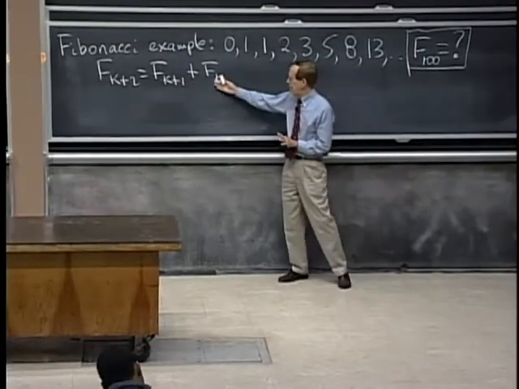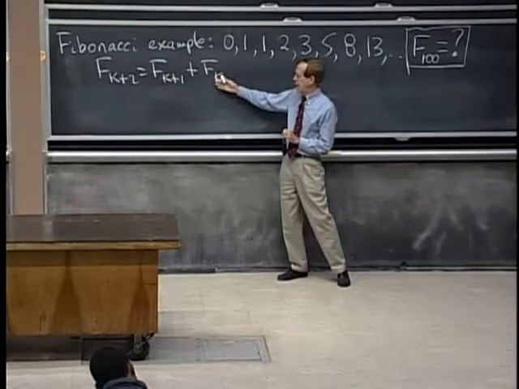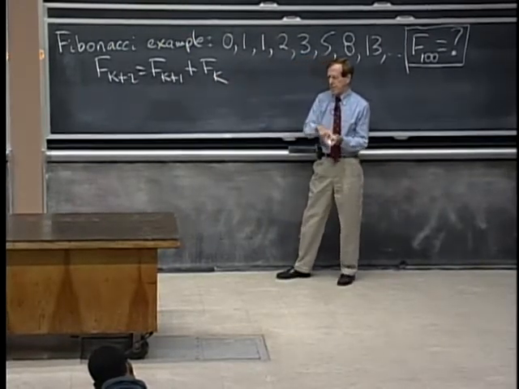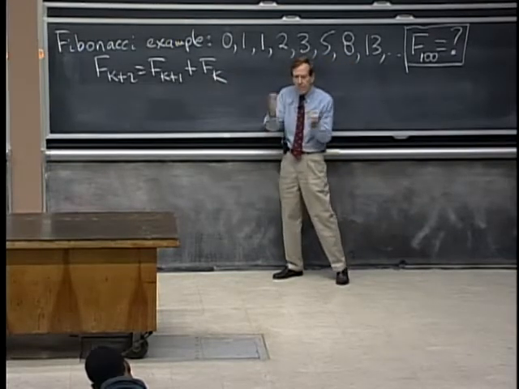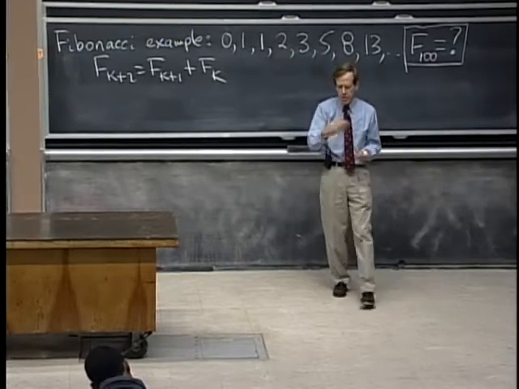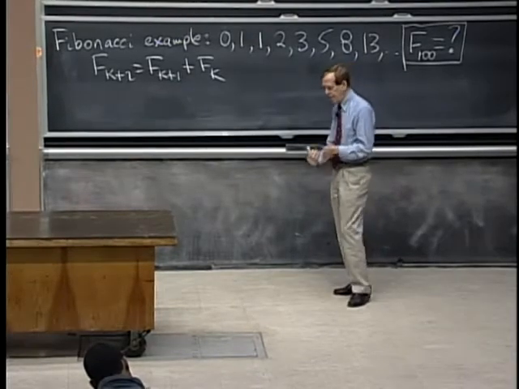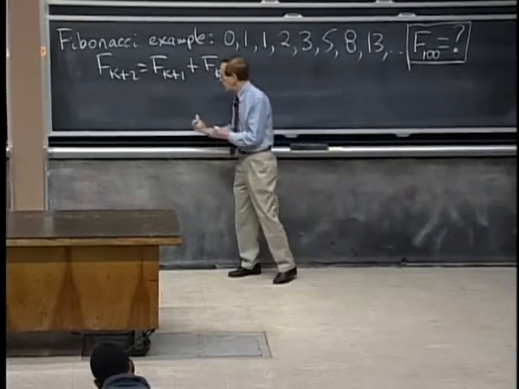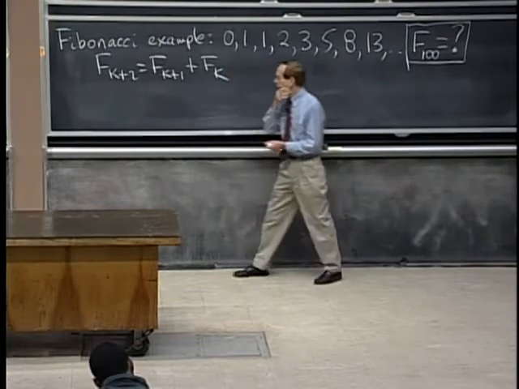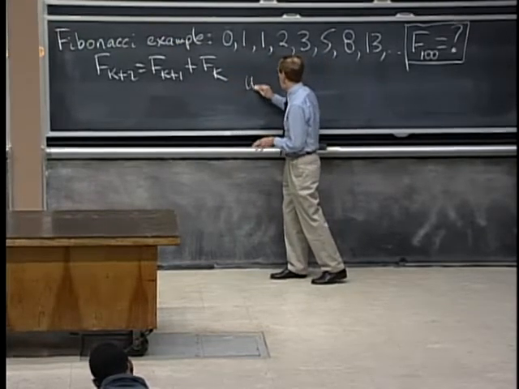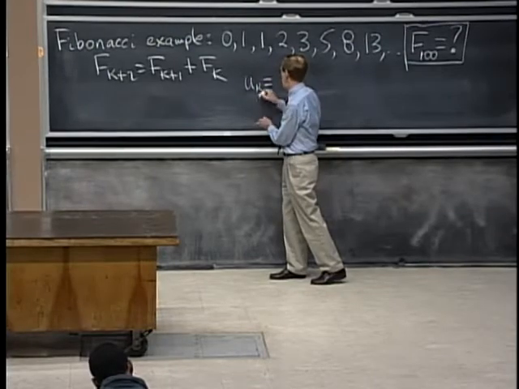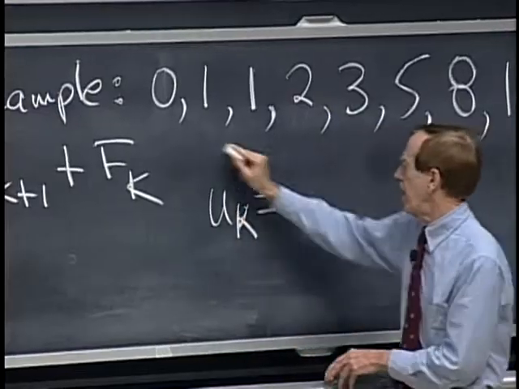But right now, what I've got is a single equation, not a system, and it's second order. It's like having a second order differential equation with second derivatives. I want to get first derivatives. Here I want to get first differences. So the way to do it is to introduce u(k) as a vector. See, a small trick.